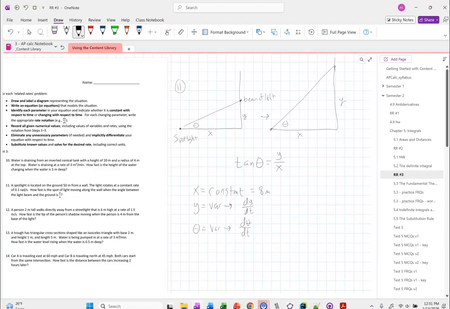Okay. Now let's look at what we're given. So we're told that the x value, that constant, is 50. The d theta dt is 0.1 radian per second.